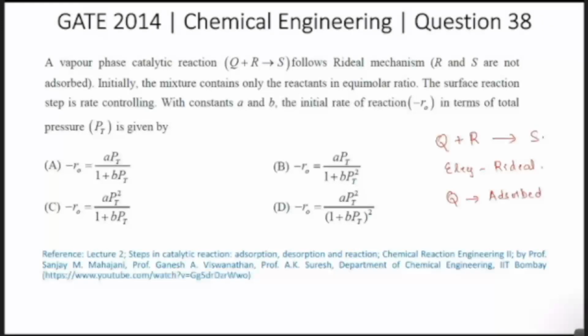So based on this, we'll try to formulate the different steps in the reaction and their corresponding rates according to the Langmuir-Hinshelwood approach. Q plus R giving S is our overall reaction, and Q is the only thing that is getting adsorbed.